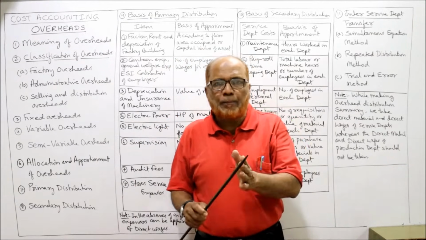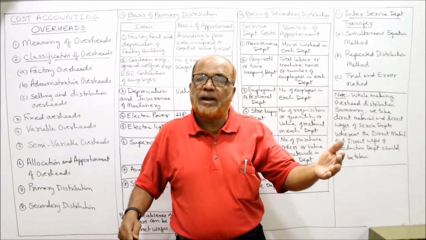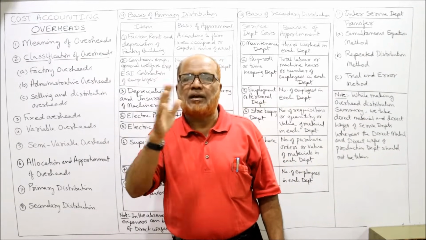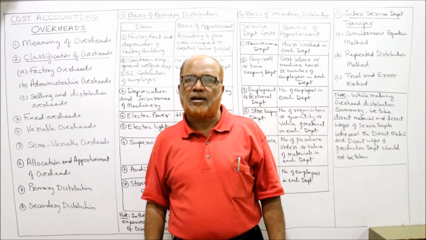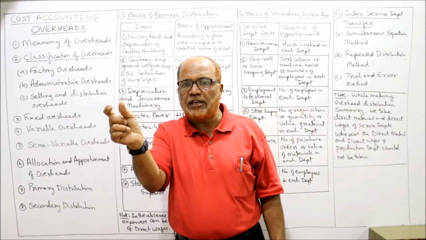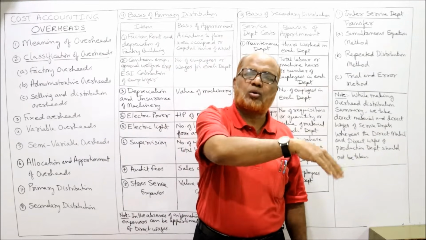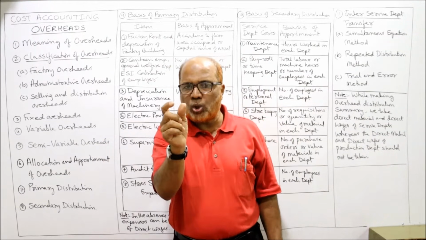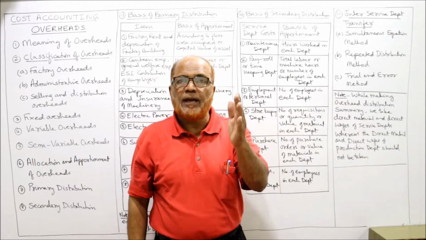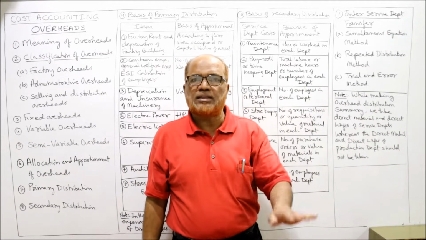So first we have to make the primary distribution, distributing the expenditure among all departments. After completing that, we take the total of all the departments, A, B, C, D, E. We totaled these 5 departments. After totaling, the total of departments D and E will be reapportioned back to A, B and C, so that D and E are closed, finished.